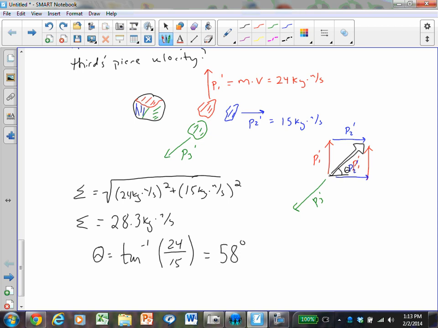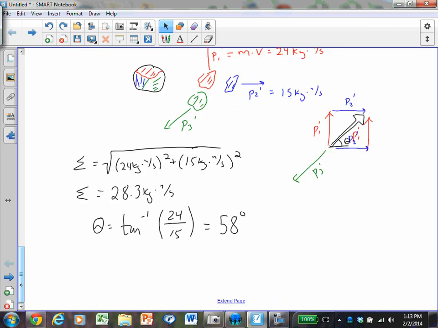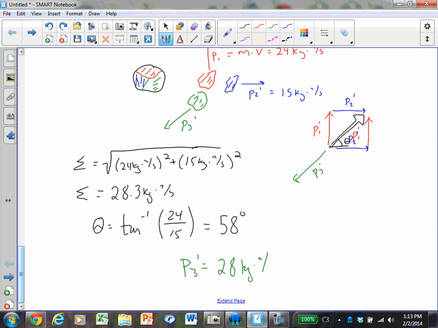So now we can figure out what P3 is. So P3 will be the same in magnitude because it's the equilibrium, but it will be at 180 degrees, 58 plus 180 degrees, or 238 degrees down at this. So that's 238 degrees there. That's its momentum.